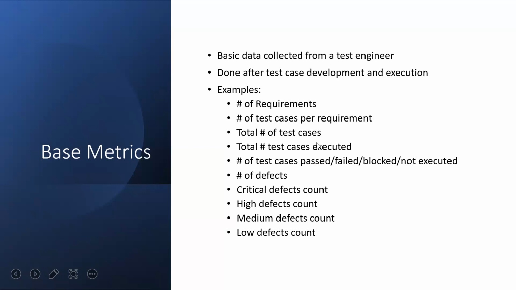Then what we have executed is called total number of test cases executed. We'll also have data for number of test cases passed, failed, blocked and not executed. And we'll have number of defects, critical defect count. Out of these defects, how many are critical, how many are high, how many are medium, and how many are low. These are the base metrics.